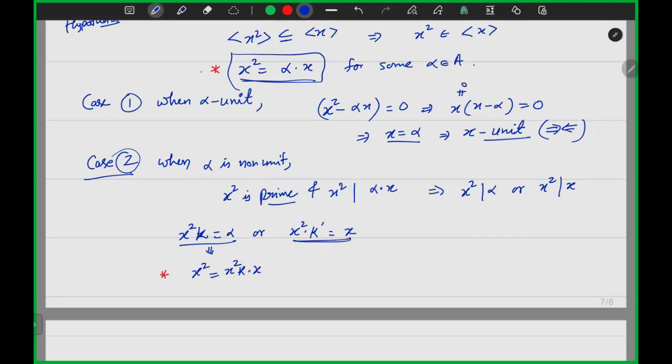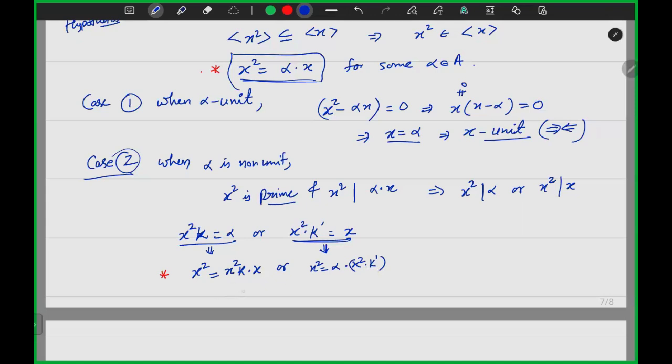And from here, x square k x minus x square, and can we replace this again from star? So this implies x square is equal to alpha, where in place of x we are replacing x square into k prime.